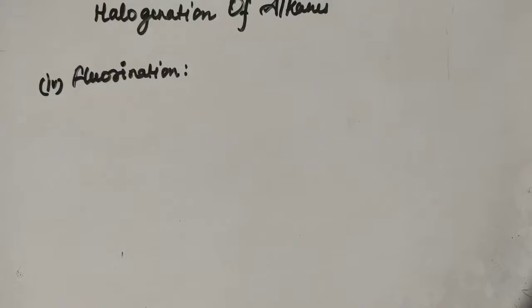Also, the fluorination brings about extensive rupture of C-H and C-C bonds, leading to a mixture of products. So we can conclude that fluorination of alkanes with pure fluorine is of little practical use, right?